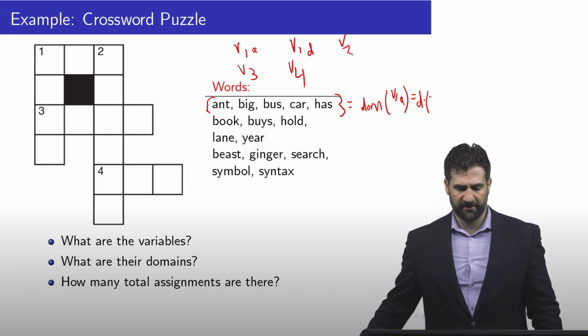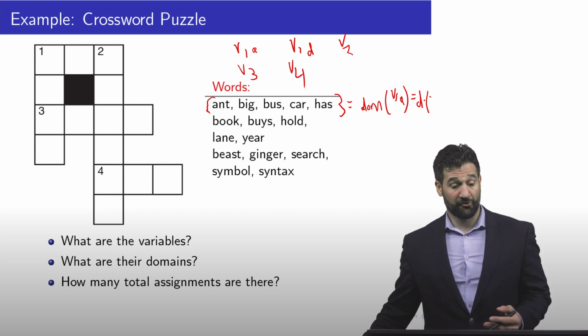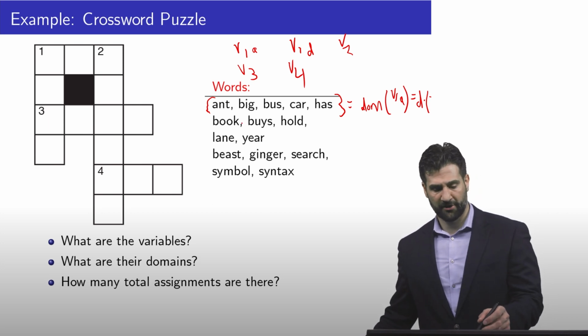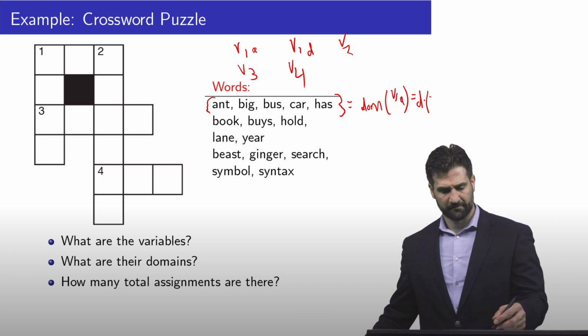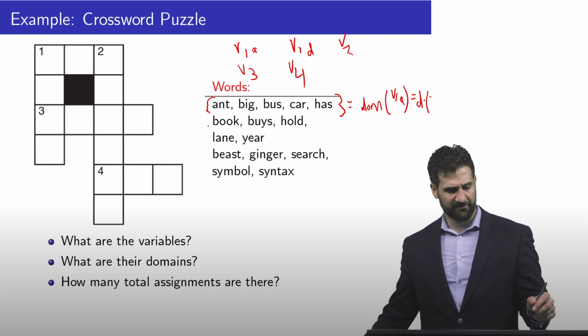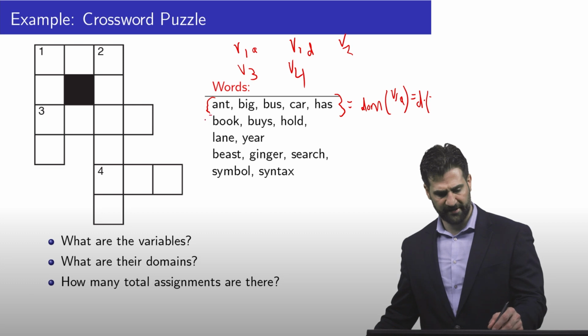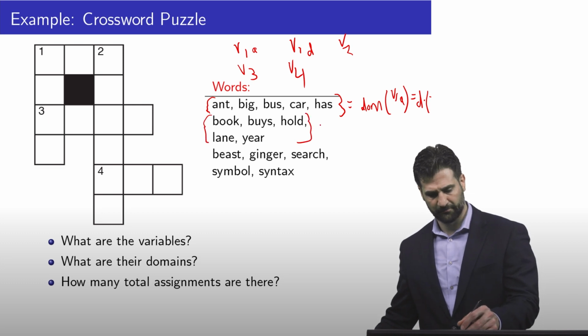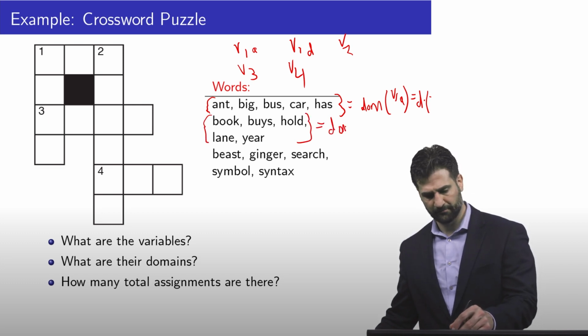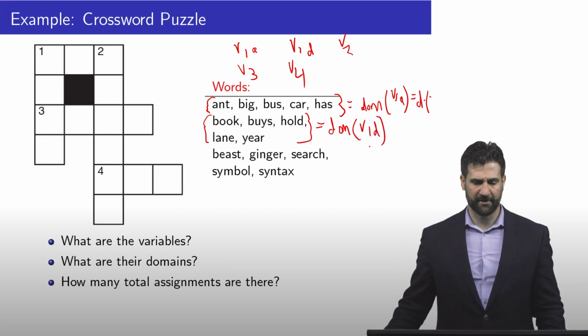All right, so then we've got some 4-letter words. We have book, buys, hold, lane, and year. And our 4-letter word is 1 down. So that makes the domain of 1 down.